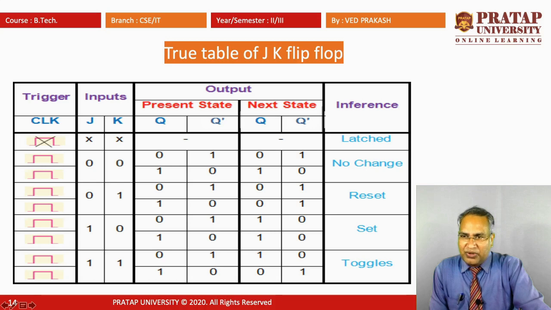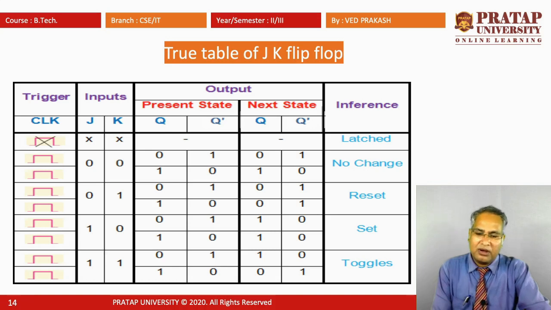In the case of J1 and K0, we get present state 0, 1 and 1, 0, and the next state is set 1, 0. So that case is known as a set case. And in the case of J1 and K1, there is an alteration of values, 0, 1, 1, 0, 1, 0, and 0, 1. So that case is known as a toggle state.